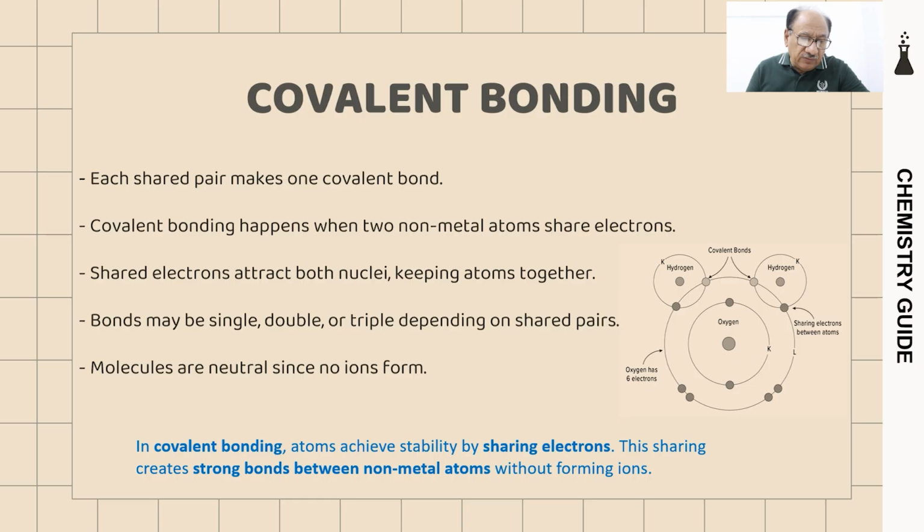Next we can discuss covalent bonding in detail. Each shared pair makes one covalent bond. If they are sharing one pair of electrons, it will be a single bond. They can share even two pairs and even three pairs of electrons. Covalent bonding happens when two non-metallic atoms share electrons.